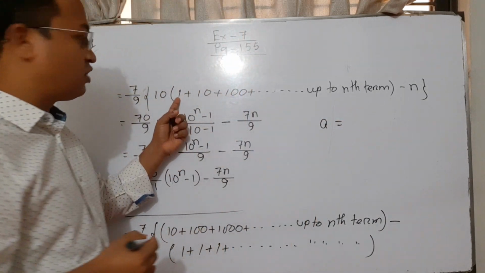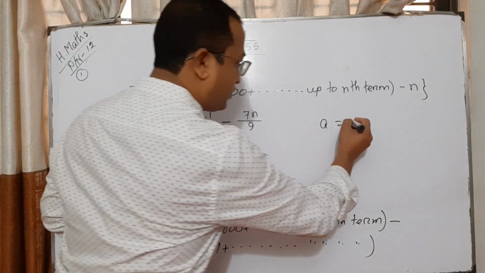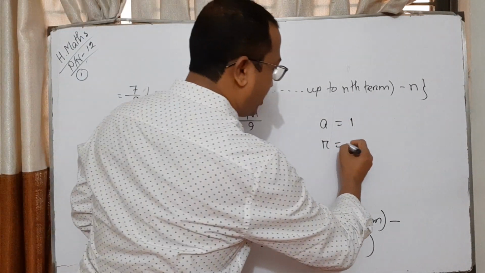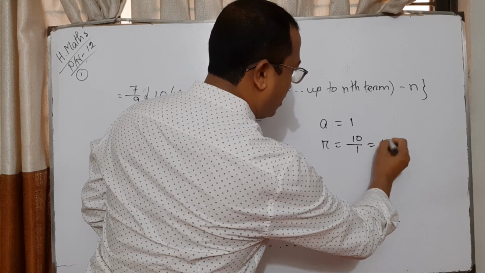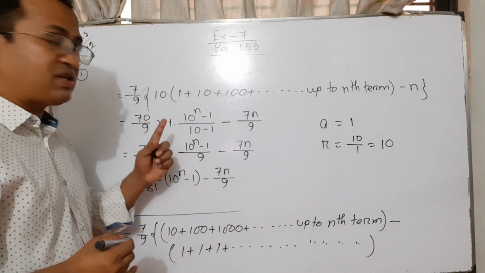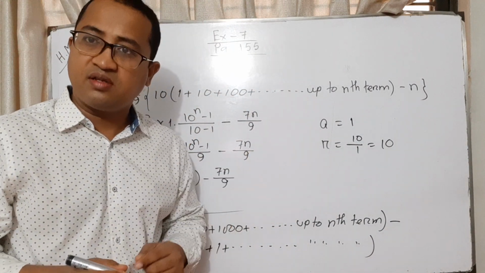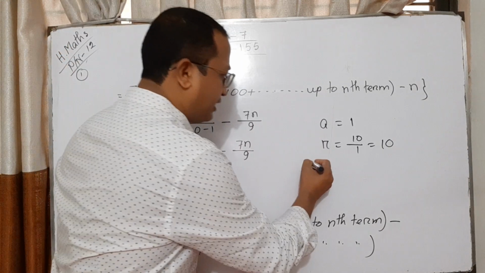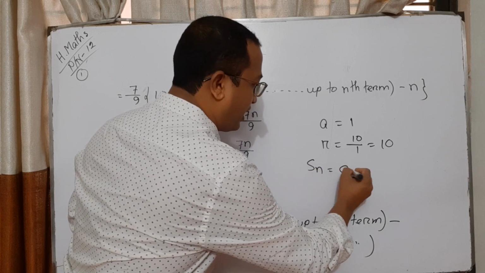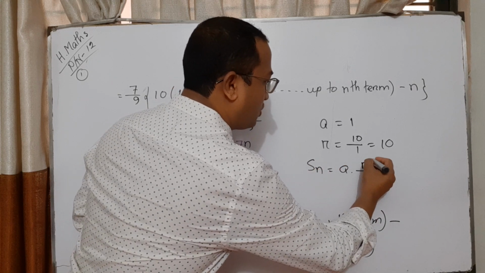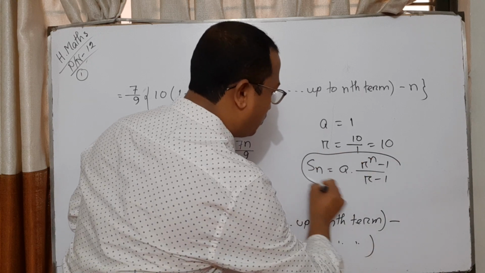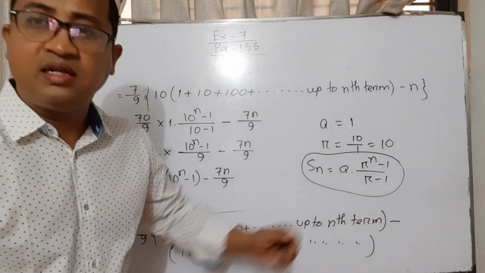The first term a is equal to 1, the common ratio r is 10, and the number of terms is n. So what is the sum of this series? That is Sn equal to a times r to the power n minus 1 divided by r minus 1. This is the formula for the sum of the series.